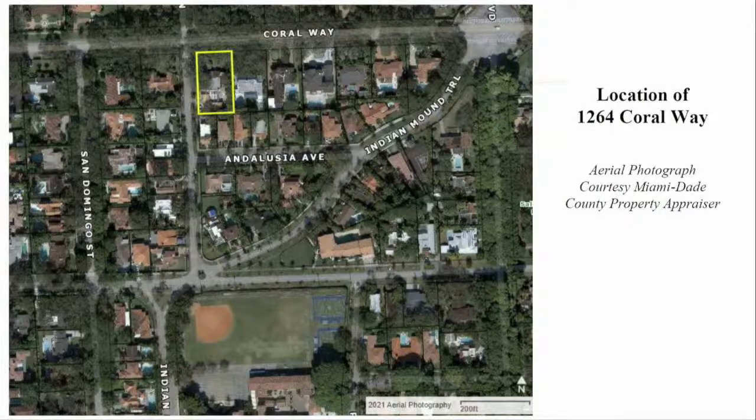The residence at 1264 Coral Way was permitted in 1924 prior to the incorporation of the city of Coral Gables. The architect is unknown. It's in the Mediterranean Revival style. In 2014, it was deemed a contributing resource within the Coral Way Historic District.